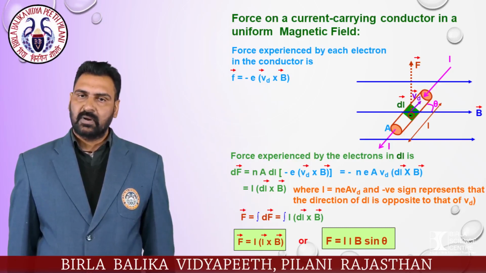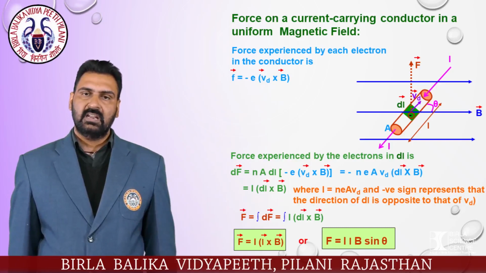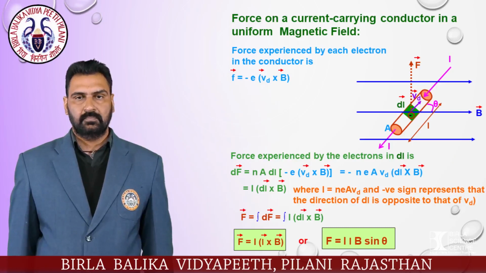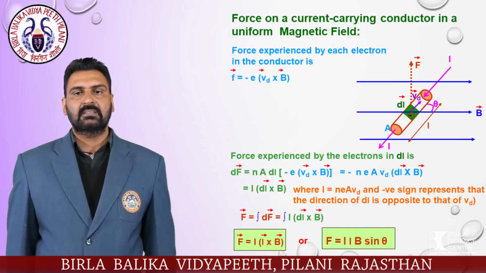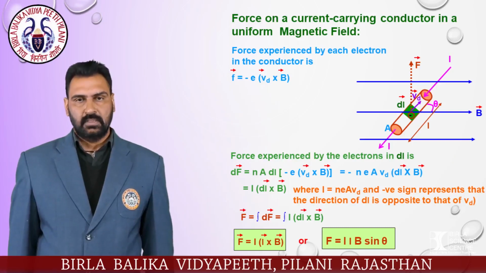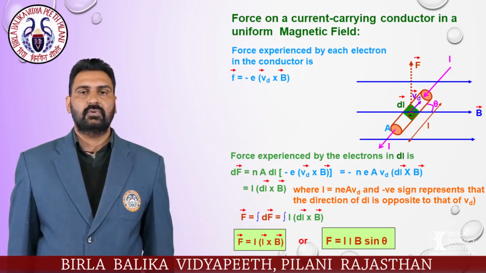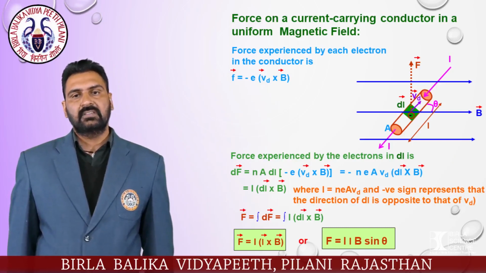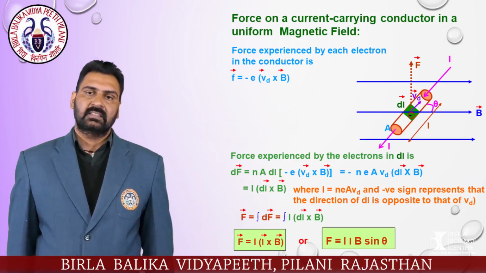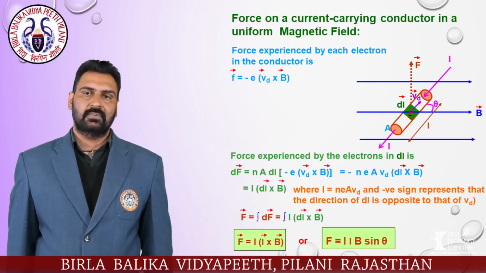So the force experienced by electrons in dl is dF = nAdl (-e Vd × B), which can be written as -neA Vd (dl × B), or I (dl × B), where I = neA Vd, and the negative sign represents that the direction of dl is opposite to that of Vd, the drift velocity.